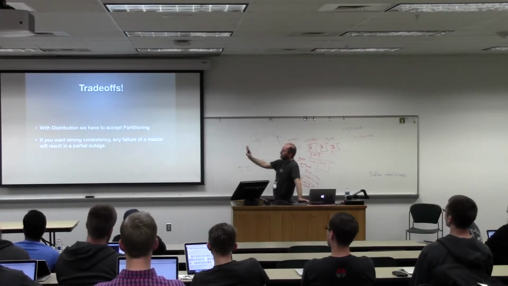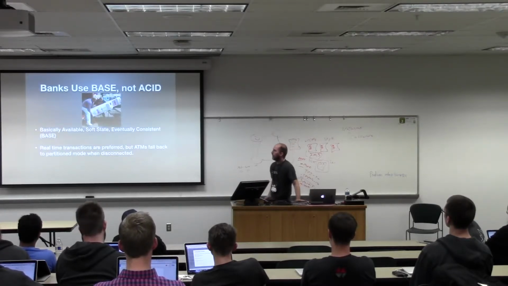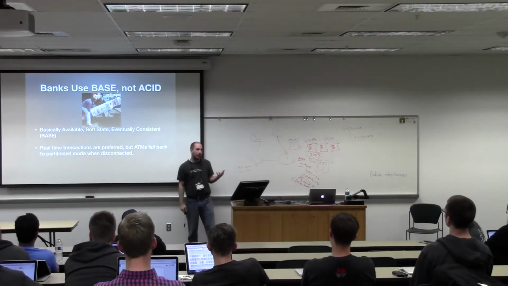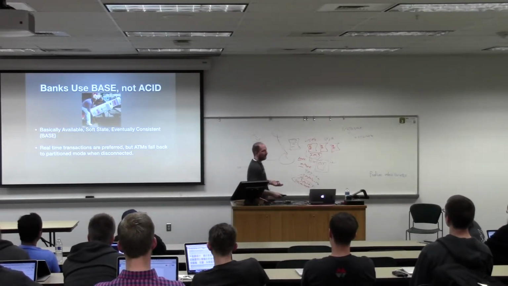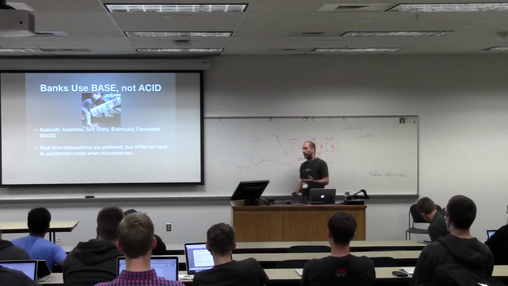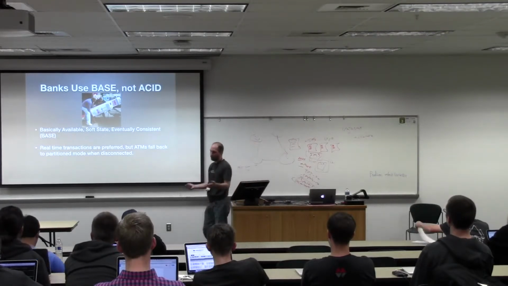And so in the case that we accept that partitioning happens, we have to make a trade-off between availability and consistency, right? And so I work in a world where we mostly use these basically available, soft state, eventually consistent systems. And that's kind of the big word for eventual consistency.